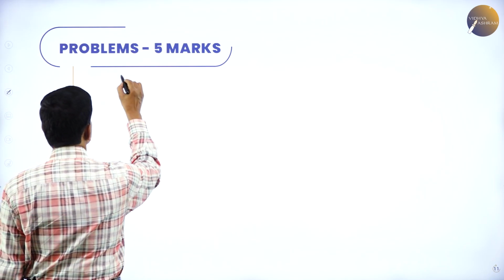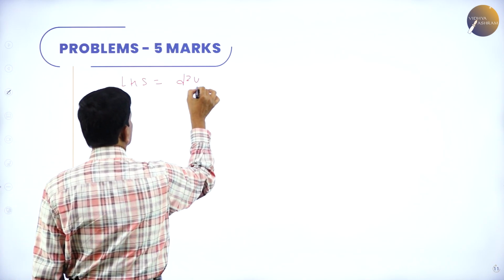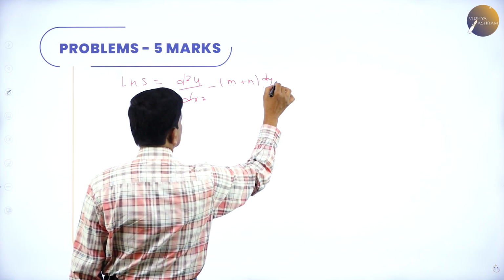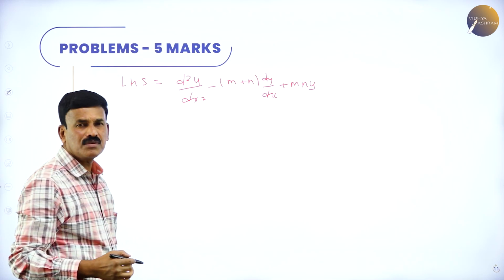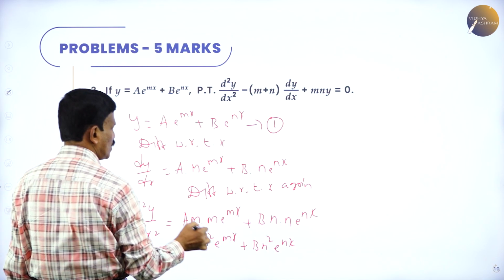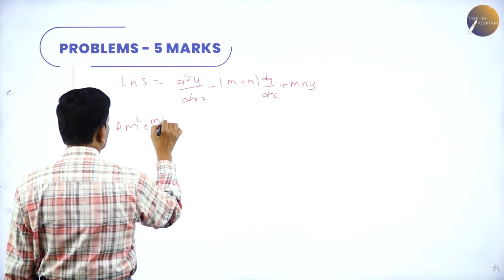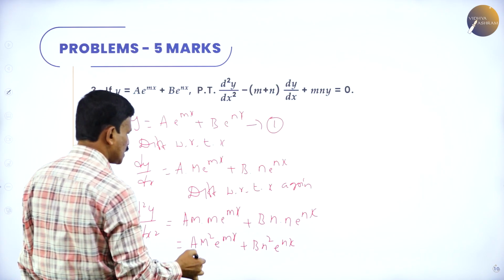What is LHS? LHS is d square y by dx square minus (m plus n) dy by dx plus mn into y. What is the answer we want to get? On the right hand side it is 0. Substitute it. What is d square y by dx square? A into m square e to the power of mx plus b into n square e to the power of nx.